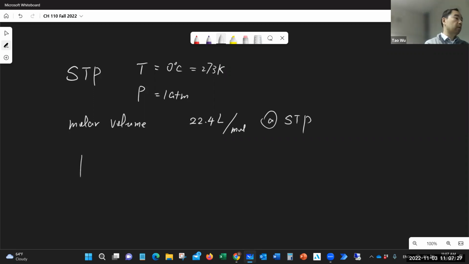Because when we talk about the ideal gas law, we know PV equals nRT. If P is 1 atmosphere, the moles of gas is 1 mole, and the temperature is 273 K, and we know the ideal gas constant, the volume should be a fixed number, and that fixed number is 22.4 liters.